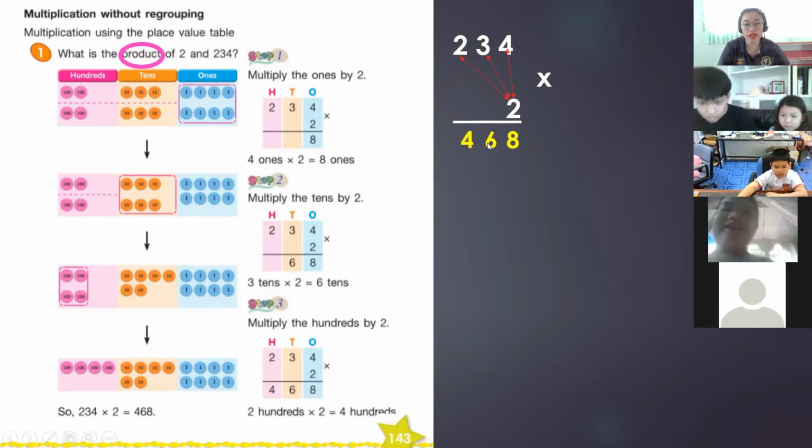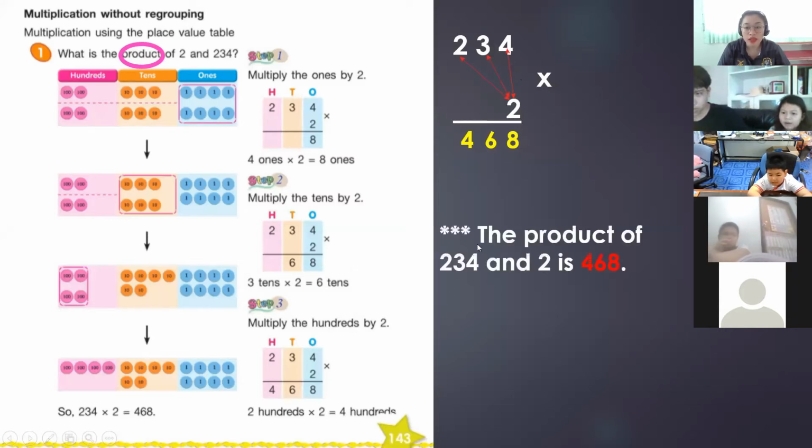So the answer here is 468. Multiplication using the place value table means you multiply starting from the ones to the hundreds, using the place value of each digit. So the product of 234 and 2 is 468. Let's move on to the next example.